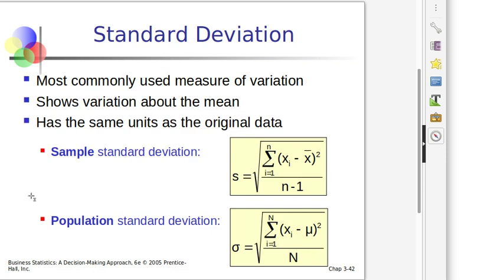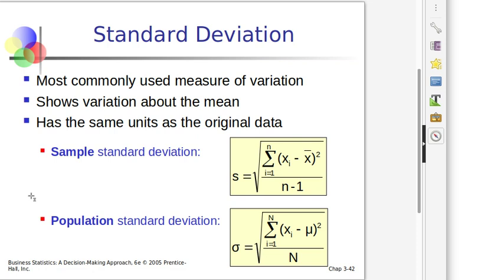Then the standard deviation. The standard deviation is the most commonly used measure of variation, and it shows variation about the mean, or around the mean, and it has the same units as the original data.